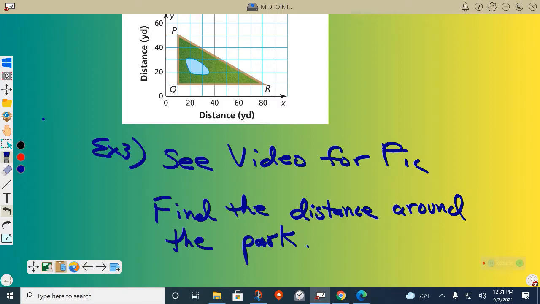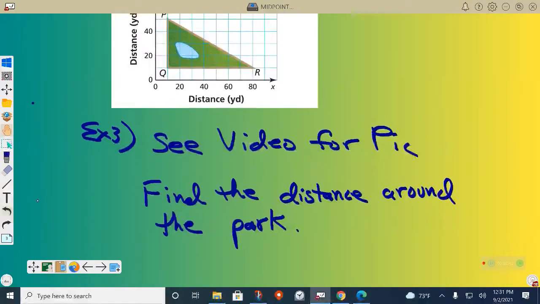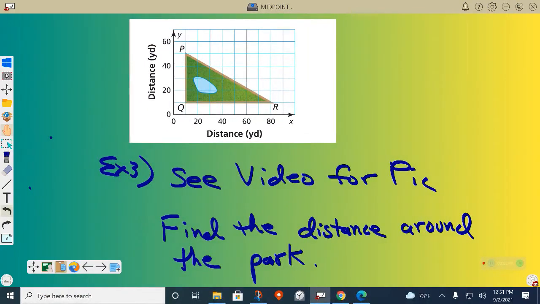We're done with our notes. Let's find the distance around the park. Again, don't draw this, just put C video because the video will be available on C31. I'm recording right now and you can just forward it to the point where you see the picture.